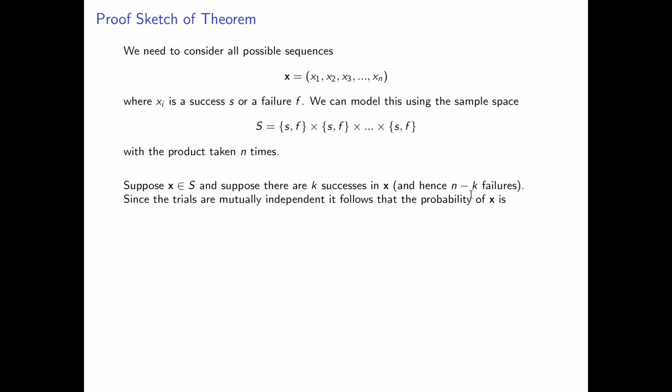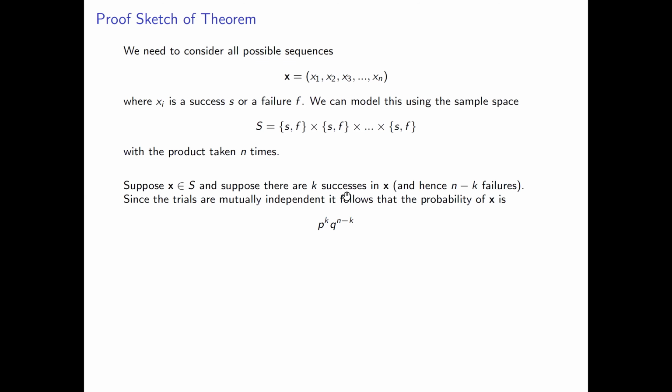As we discussed before, since the trials are mutually independent, we can calculate the probability of x by multiplying the probabilities of the successes times the probabilities of the failures. Since we had k successes, when I multiply those numbers together, I'll have p appearing k times, and since I had n minus k failures, I'll have q appearing n minus k times.